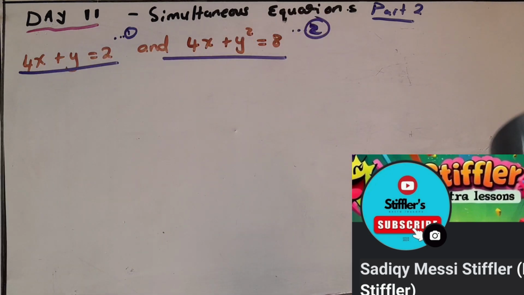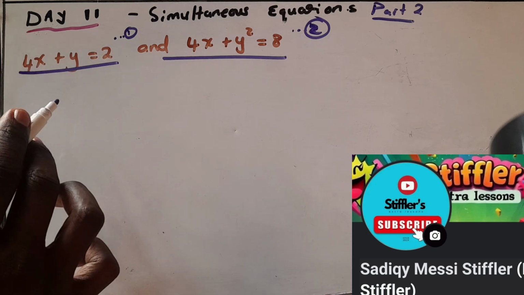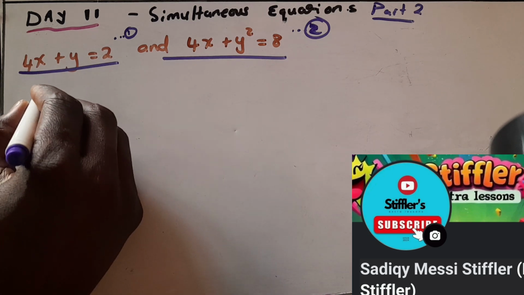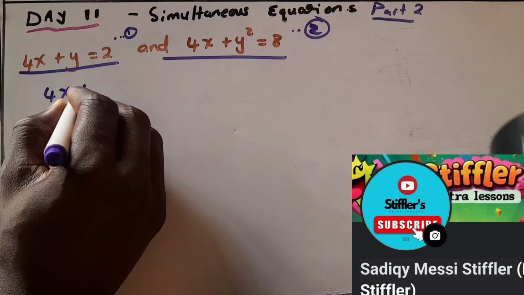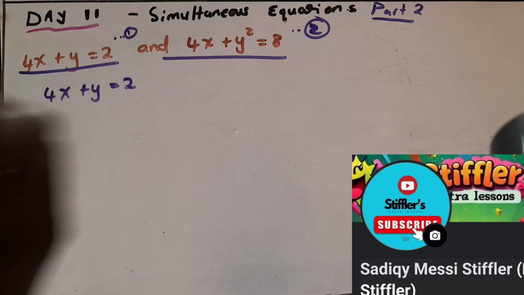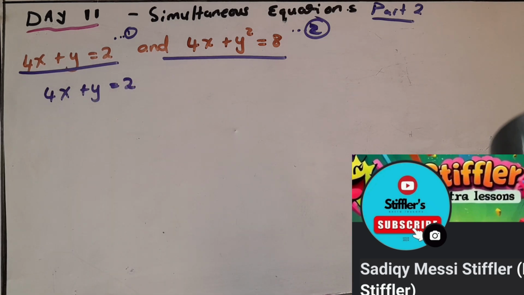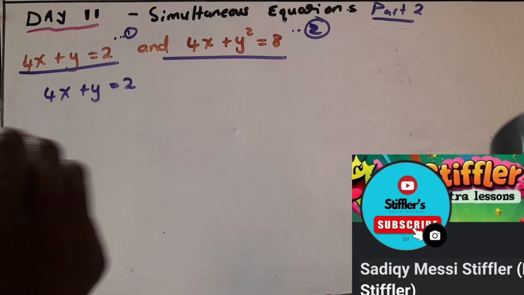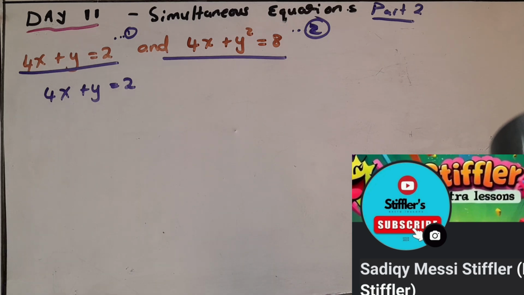So we take equation 1 because it is simple, it is a linear equation, it does not have a squared. This equation is saying 4x plus y is equal to 2. Now you check which one is your simple variable between the two. We can already see that x has 4 as the coefficient, so it is difficult.